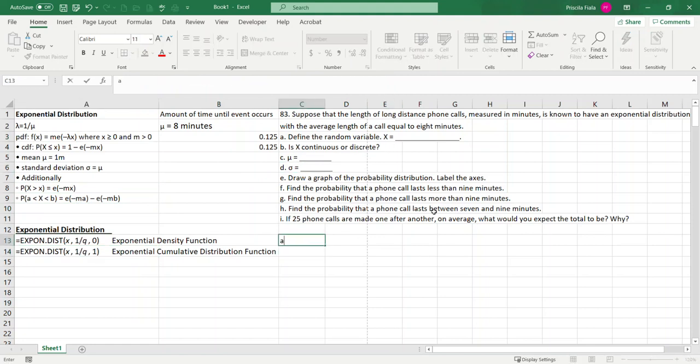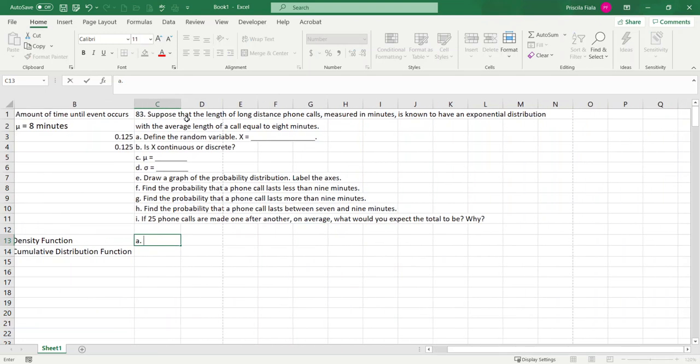Okay, A is asking you to define the random variable x. So what are you interested in? Suppose that the length of a long distance phone call, measured in minutes, is known. So your x is equal to the length of long distance phone calls measured in minutes.